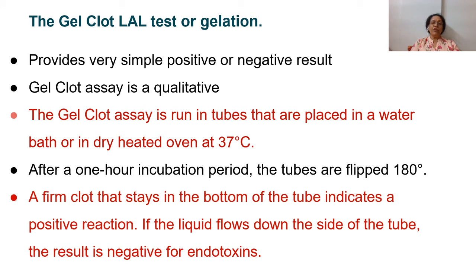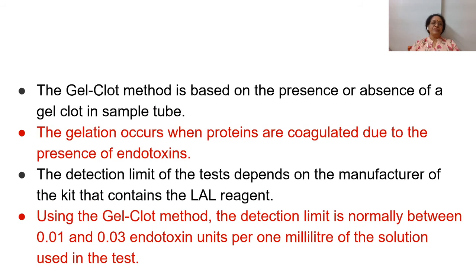If the liquid flows down the side of the tube when you flip it 180 degrees, the result is considered negative for the presence of endotoxin. So in this way, the gel clot method is based on the presence or absence of a gel clot in the sample tube.